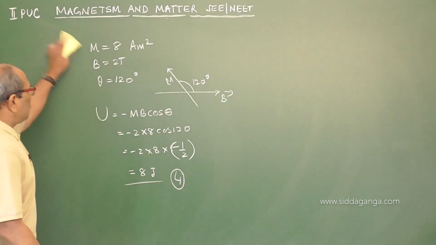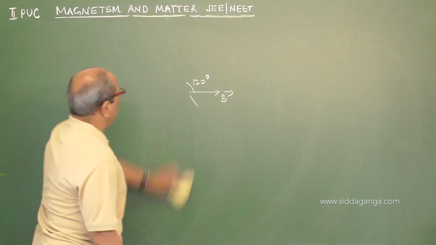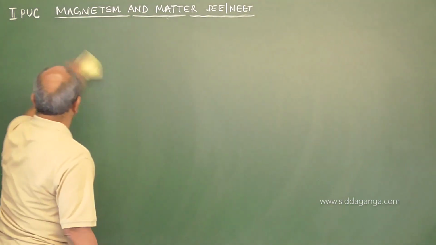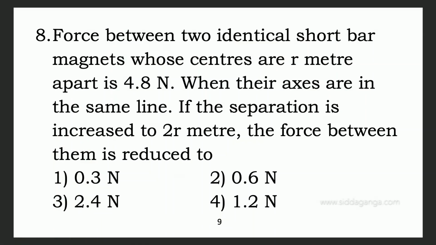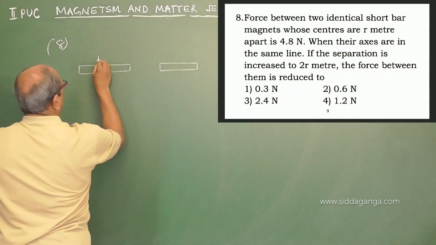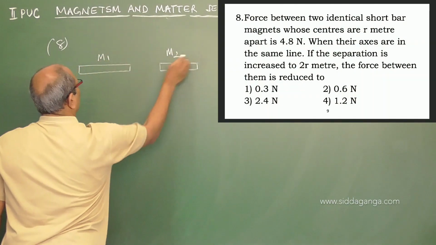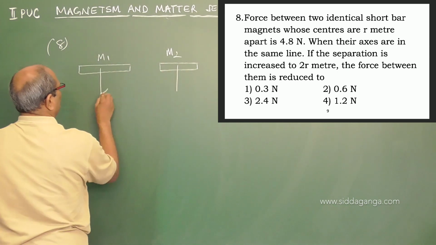Coming to next question number 8. The force between two identical short bar magnets whose centers are r meters apart is 4.8 Newton. Think of two bar magnets of moments m1 and m2 at a separation of r.